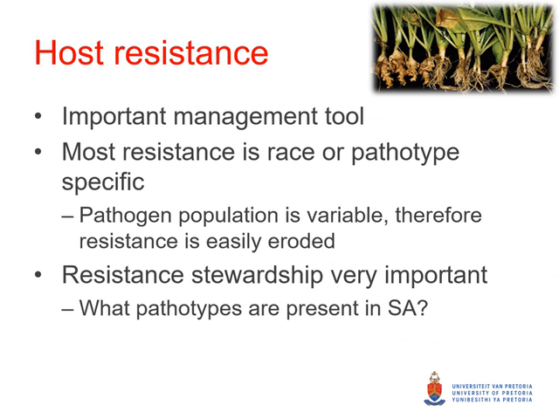In this case, resistance stewardship, in other words, ensuring that resistance doesn't break down quickly, is very important. And to do this, it's critically important to know which pathotypes are present in a specific area. So research on this pathogen is important. We need to know, for example, which pathotypes are present in South Africa.